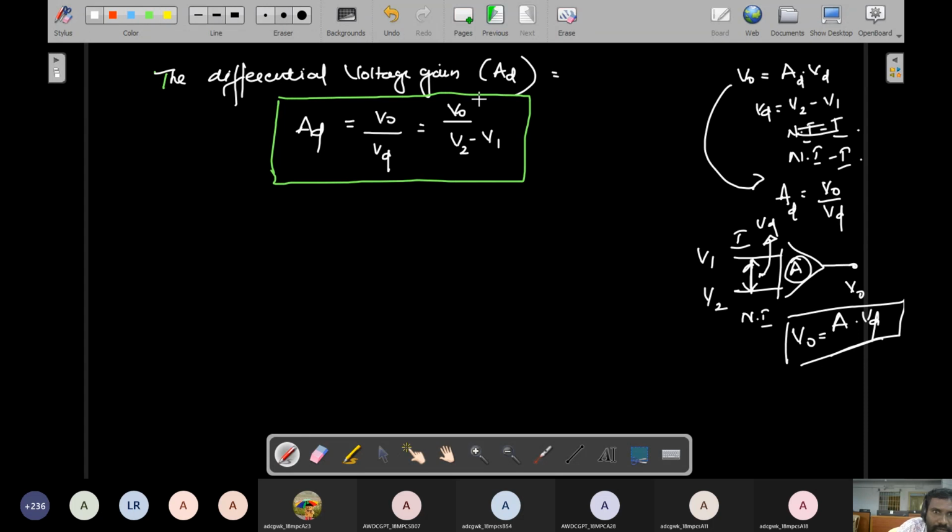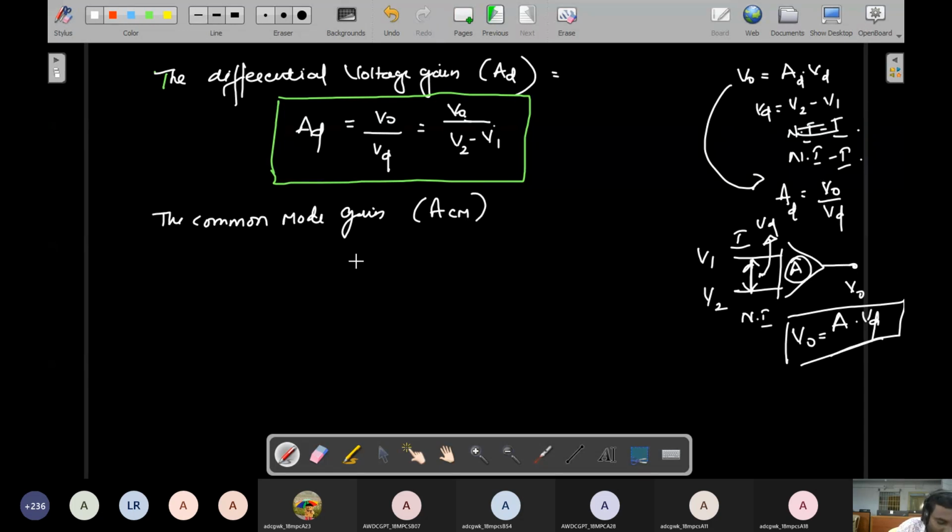Okay. This is one of the important equations. Now I'll explain what the common mode gain is. The common mode gain is capital ACM.